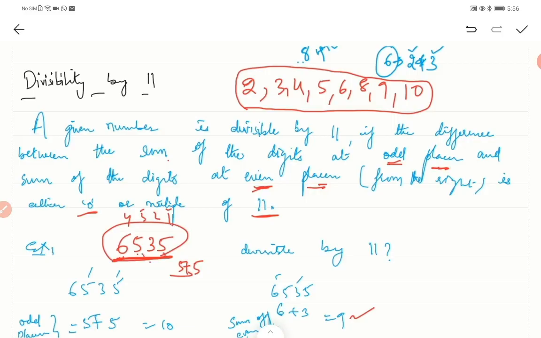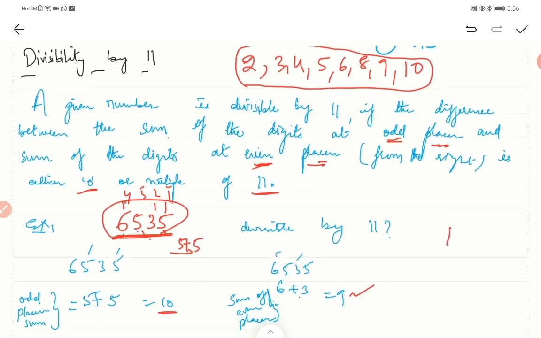For even places, we get 6 plus 3, which is 9, and 5 plus 5 is 10. So 10 minus 9 is 1. Since the difference of the sum of digits at odd places and the sum of digits at even places is 1, this number 6535 is not divisible by 11.